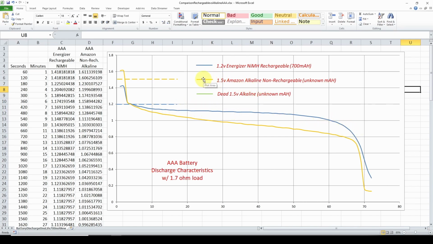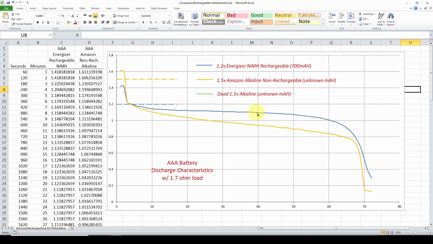Now, if you look at the orange, it's a 1.5 volt Amazon alkaline non-rechargeable, and you can see it starts out with no load. It's out around 1.6 volts. As I apply the exact same 1.7 ohm resistive load, it immediately drops down to 1.2 volts, and over time, the voltage drops even more than the rechargeable battery does.